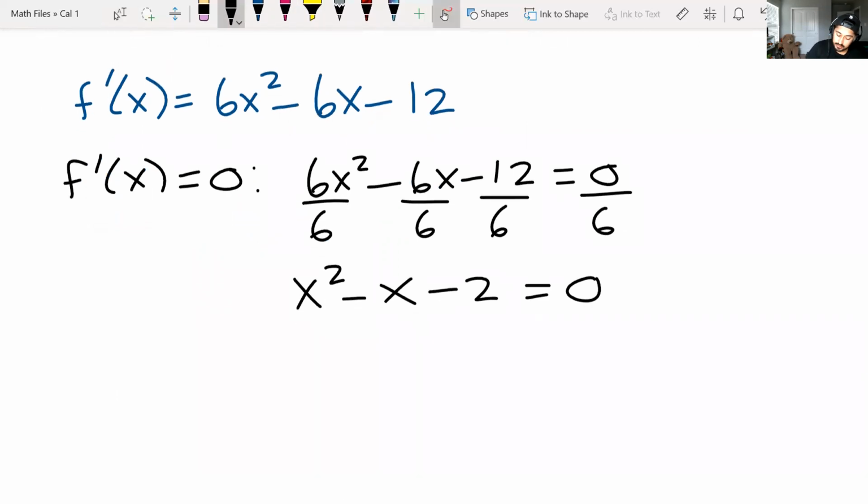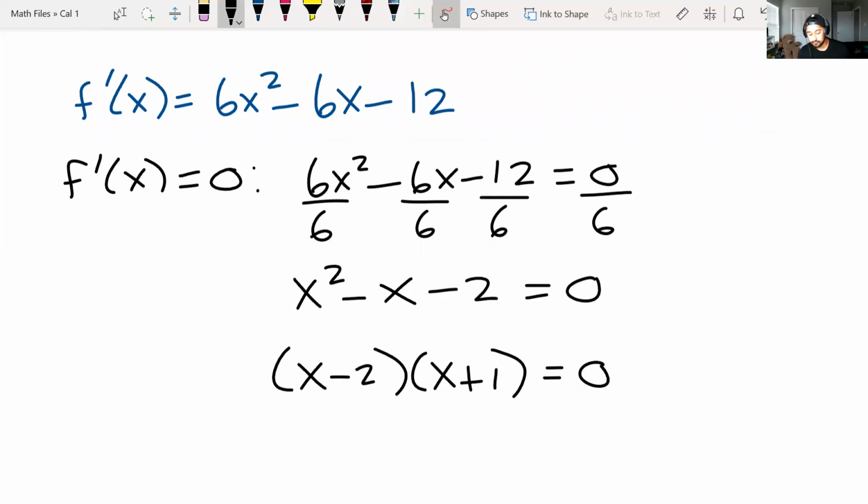Factor that, I get x minus 2, x plus 1 equal to 0. X squared, x, negative 2. Good. Set them equal to 0. My critical numbers are 2 and negative 1.